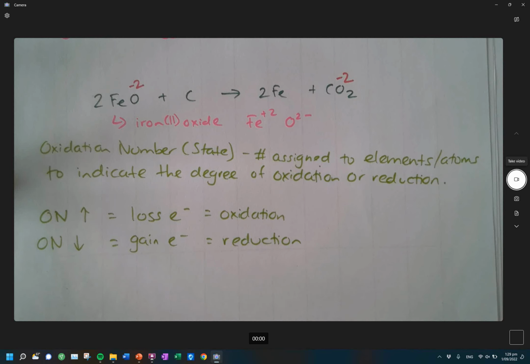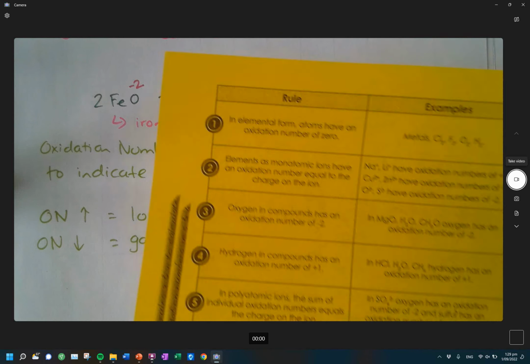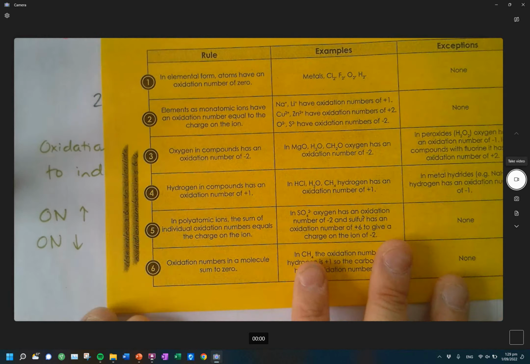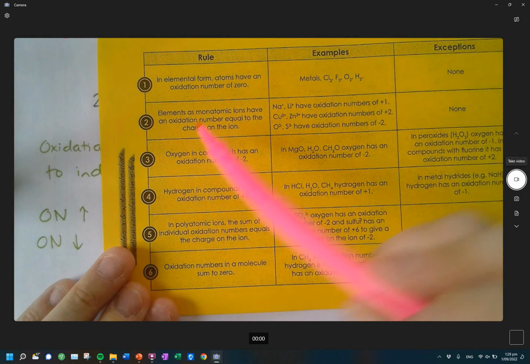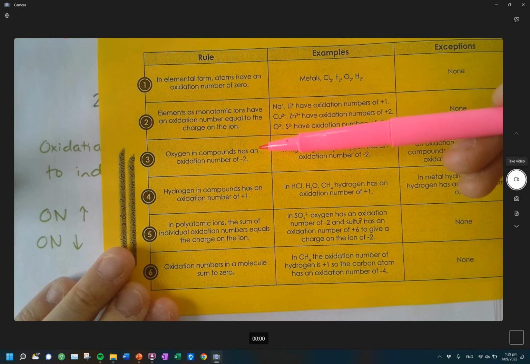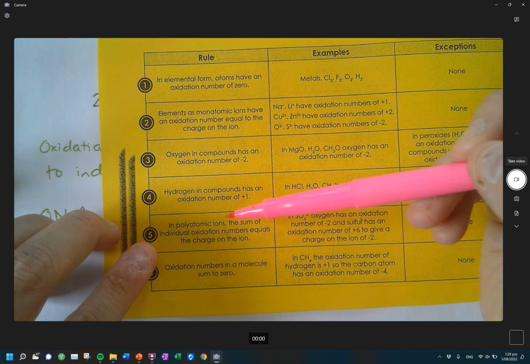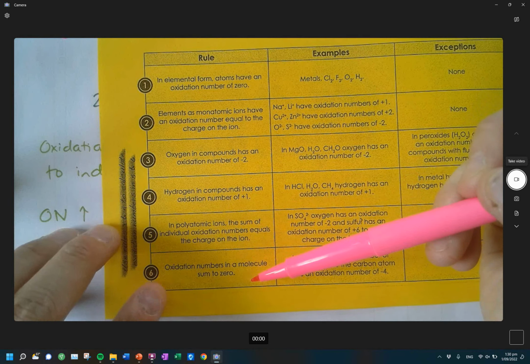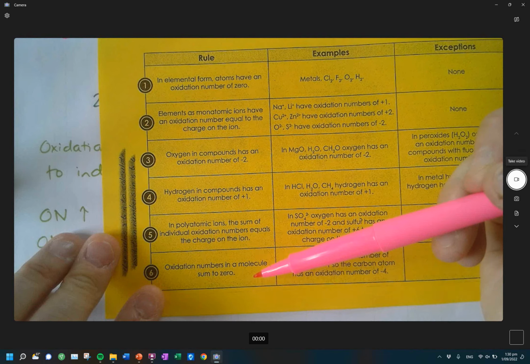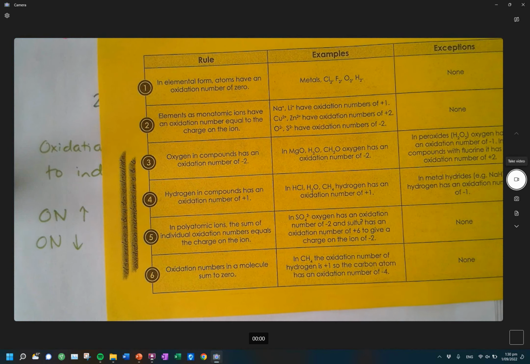All right. Let's now look at my list of rules to see, does iron fall on this list? So I see things about elements. I see things about oxygen and hydrogen. I see things about polyatomic ions. I see things about molecules. But do I see anything specifically about iron? No. But there are actually rules we can apply.